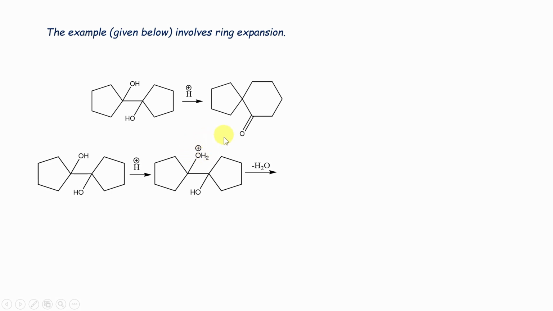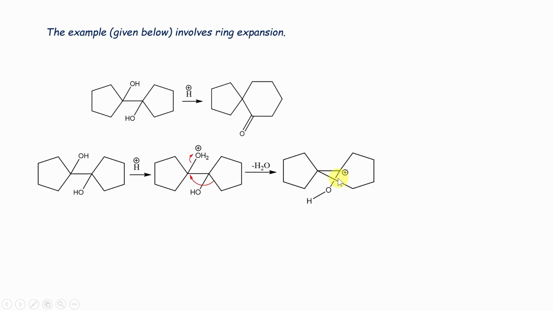From this, water is eliminated to form a more stable carbocation, followed by the 1,2 migration of the methylene group from here to this electron deficient carbocation, forming this newly formed carbocation.